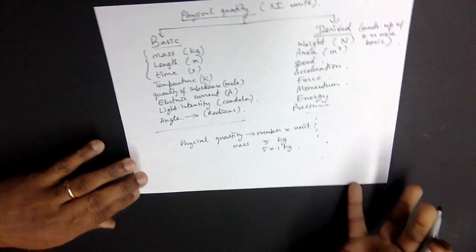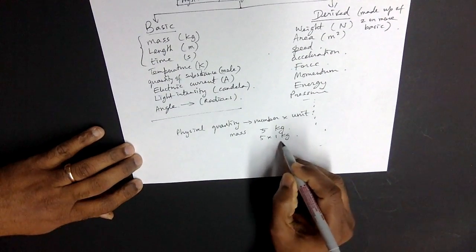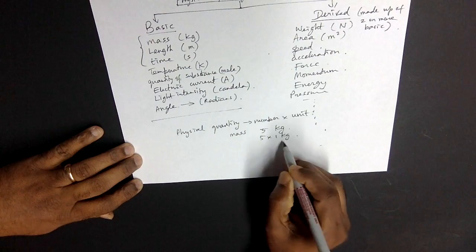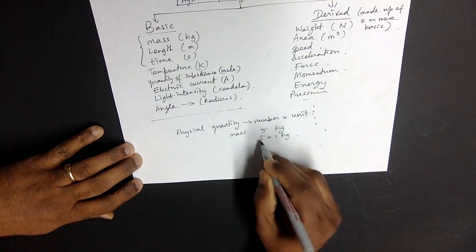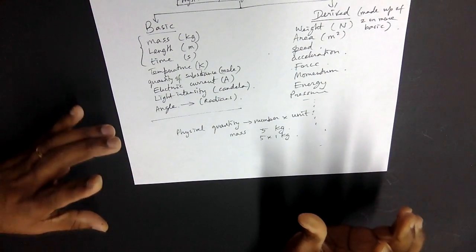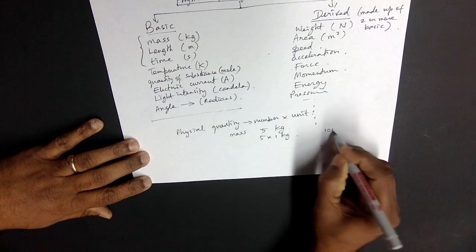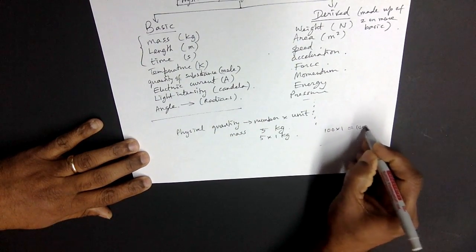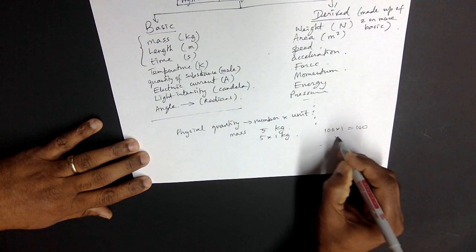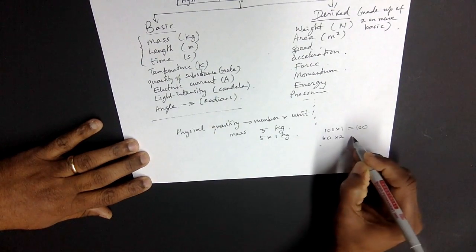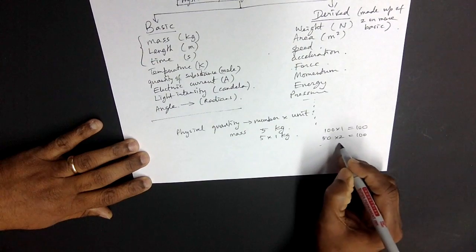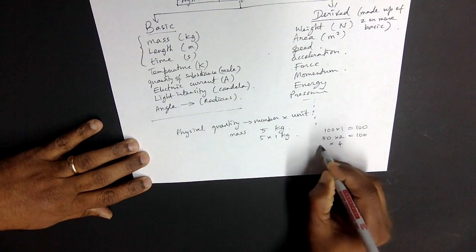Now, when you have a product of something, when one of them goes down, the other has to go up in order to maintain the same product value. Like for example, 100 times 1 is 100. If you make this one go to 2, then this becomes 50 to make it 100. If you make it go to 4, then that becomes 25.